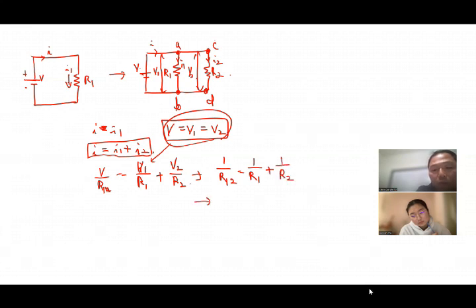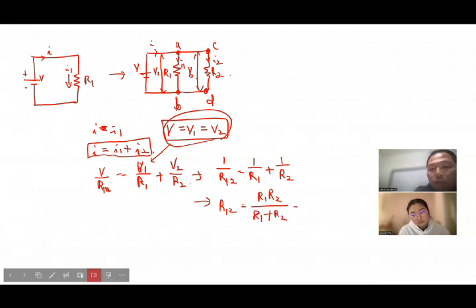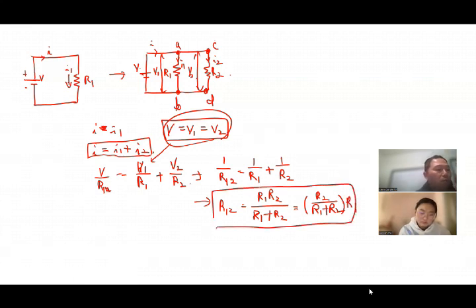If you rearrange it, R12 is the same as R1 times R2 over R1 plus R2, which is the same as R2 over R1 plus R2 times R1.